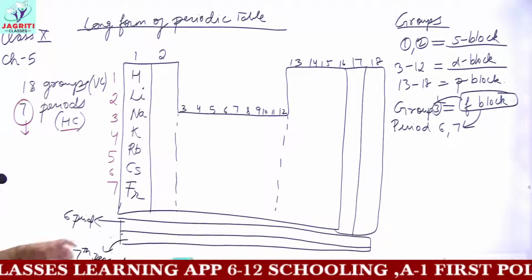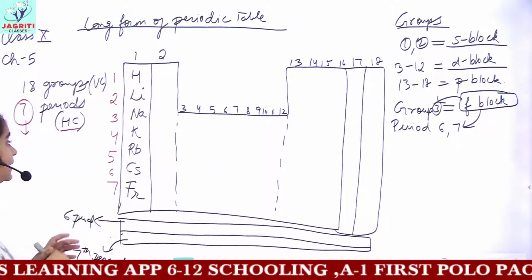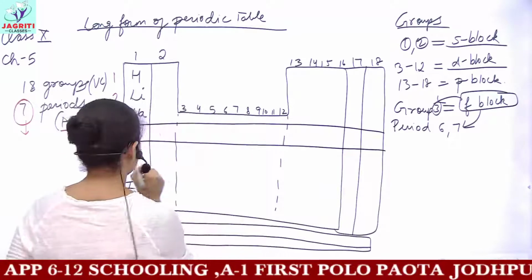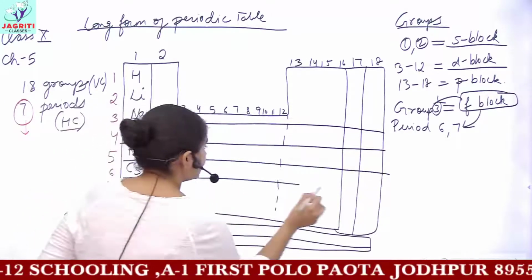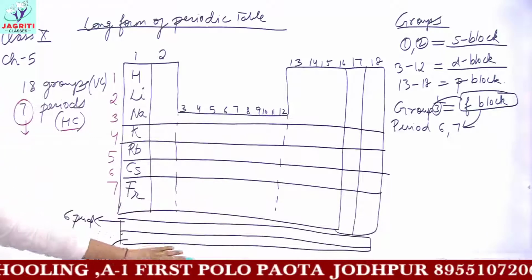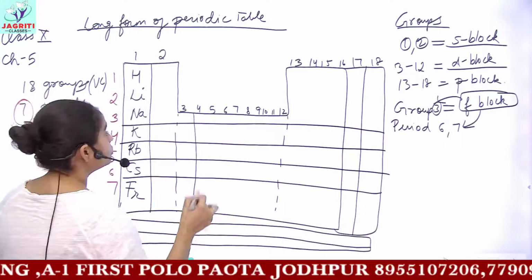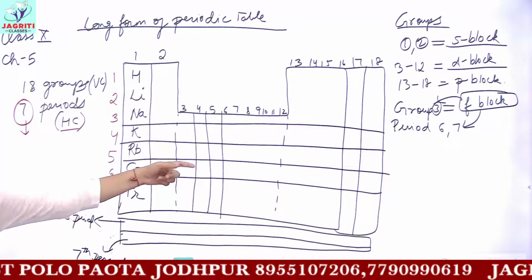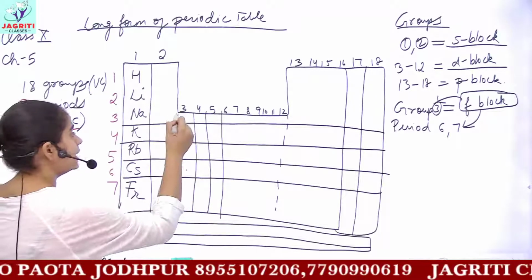If they belong to the 6th and 7th period, then why are they written separately? This question would definitely arise in your minds: why have we placed these elements separately when they belong to the 6th and 7th period? These elements should be placed here in the 6th period and in the 3rd group.